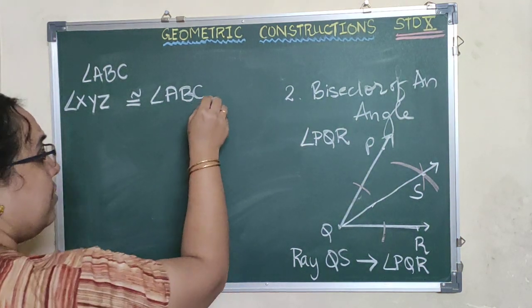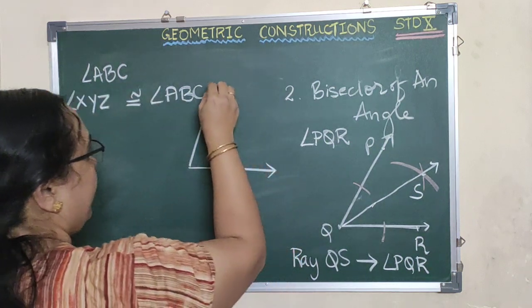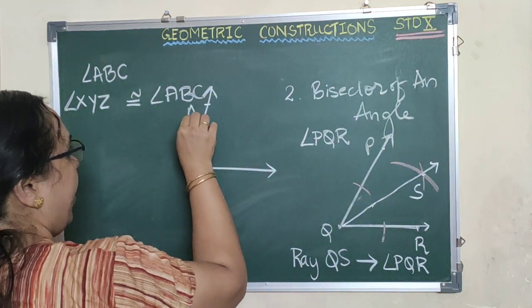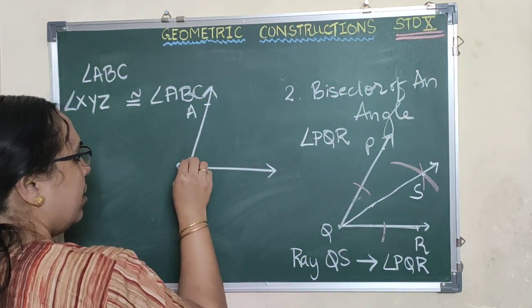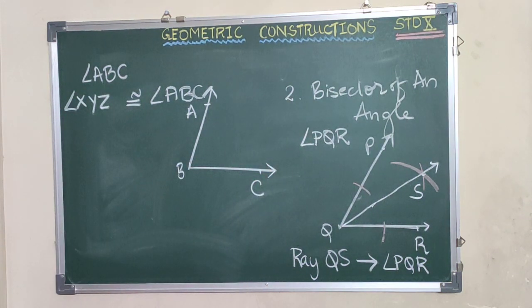I will just take the figure of ABC. I just draw an angle ABC here, and with the help of this figure you are going to draw a congruent angle to this ABC.